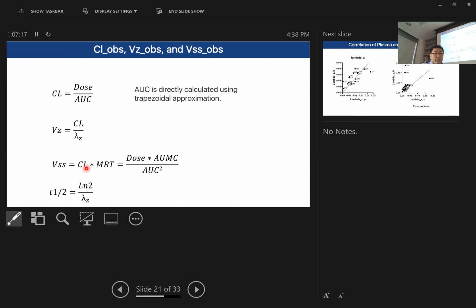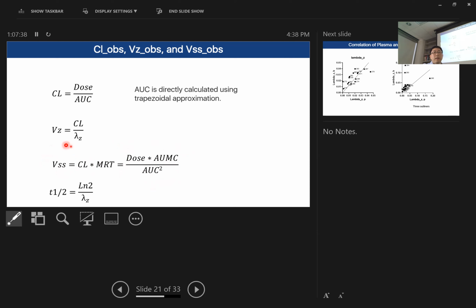This is basically, dose divided by AUC equals clearance, AUMC divided by AUC equals MRT, right? So you can essentially calculate the steady state volume of distribution using 3 unbiased numbers, or least biased numbers.